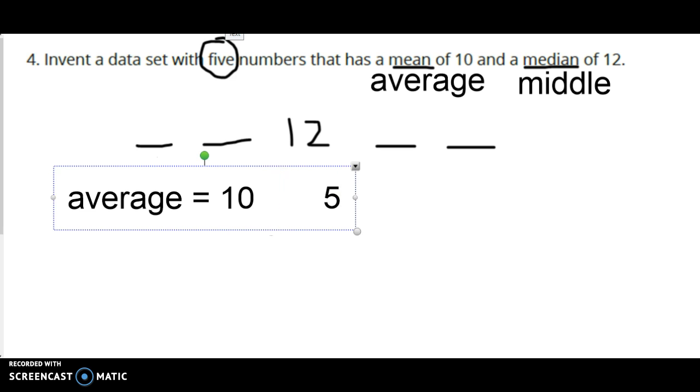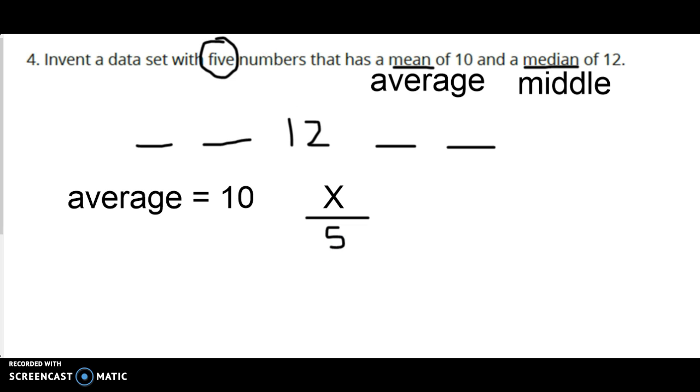It looks like 5x divided by 5 equals 10. How do I find the value of x? I have to do the opposite of division, which is multiplication. So I'm going to multiply by 5 on this side, and I'm going to multiply by 5 on this side. So I know that x has to equal 50.